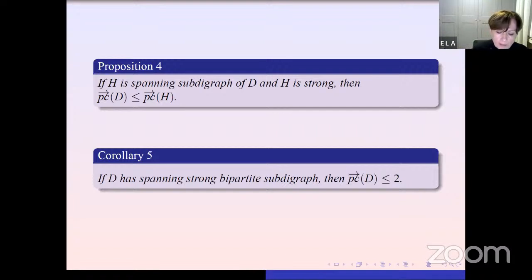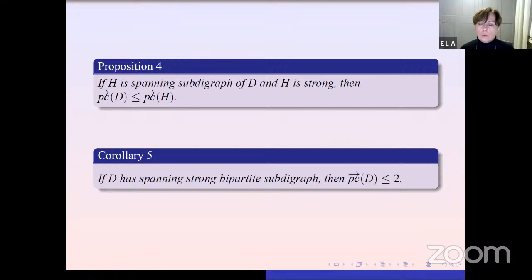So in other words, if H is a spanning subdigraph of D and H is strong, then the proper connection number of D is at most the proper connection number of H. So from this and the previous result, if D has a spanning strong bipartite subdigraph, then the proper connection number is at most 2.